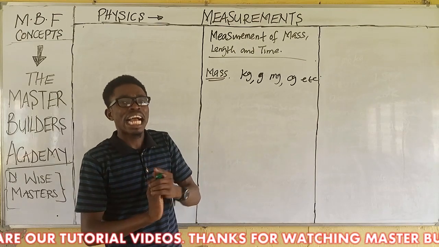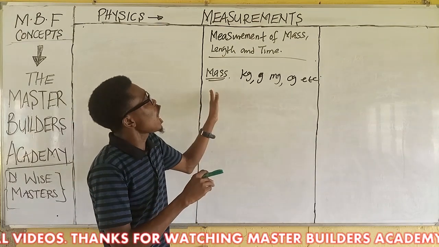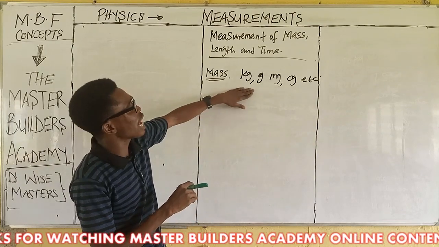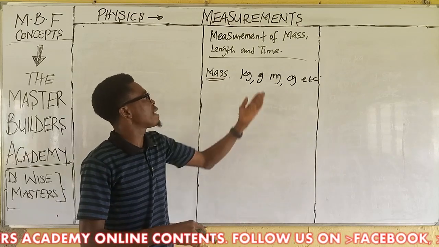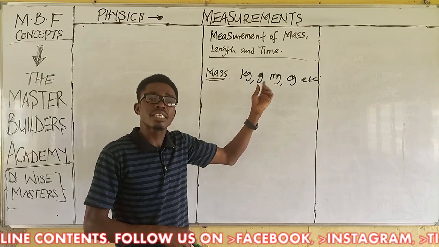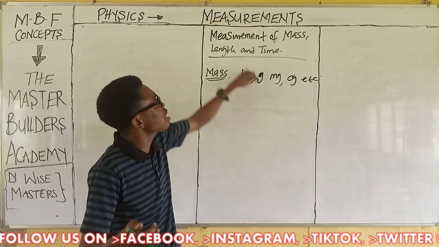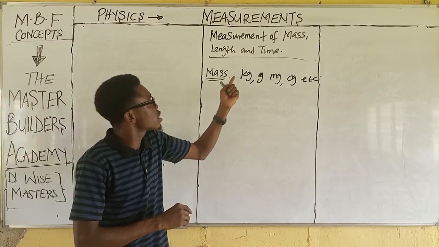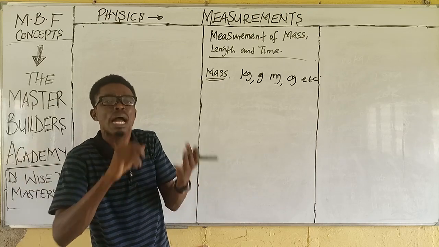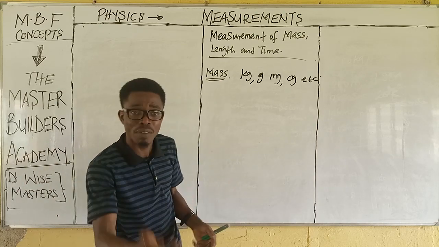But like I said earlier, in physics, all of these units are not used but can be given. So you can be given a mass in these units, but there is a call for conversion. You must convert to kilogram before you can use it, because internationally it is kilogram that is accepted, not gram. You can be given in gram, then you must convert to kilogram.